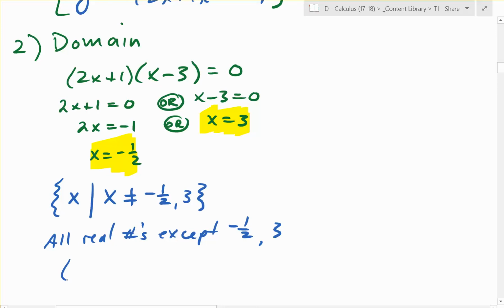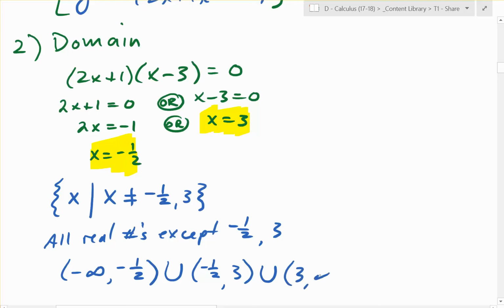Another way to write it is negative infinity to negative 1/2, union negative 1/2 to 3, union 3 to infinity. That's all real numbers except negative a half and 3.